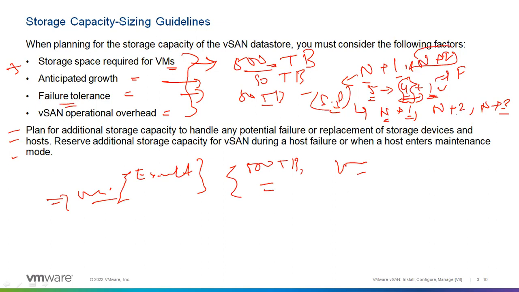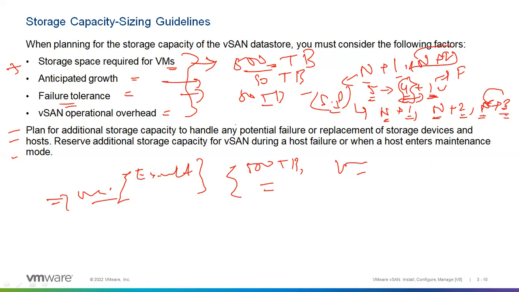If I am planning n+2, I can maintain it if 2 nodes fail. If I am planning n+3, my remaining nodes have enough capacity to maintain the storage if all 3 nodes fail simultaneously.